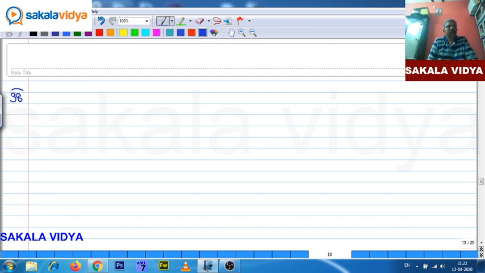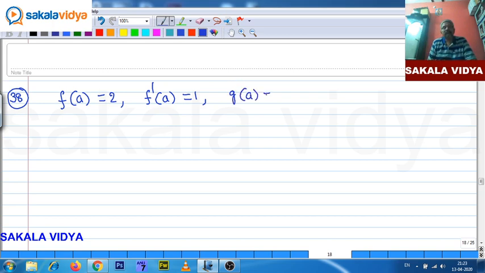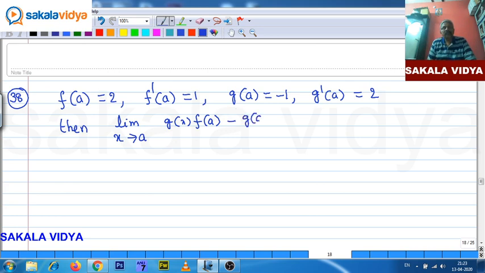So 38th problem. f of a equals 2, f dash a equals 1, g of a equals minus 1, g dash a equals 2, then limit x extends to a of g of x into f of a minus g of a into f of x upon x minus a equals to.